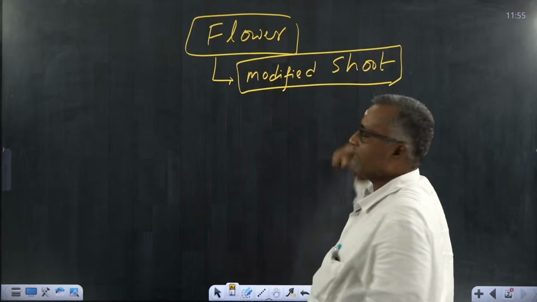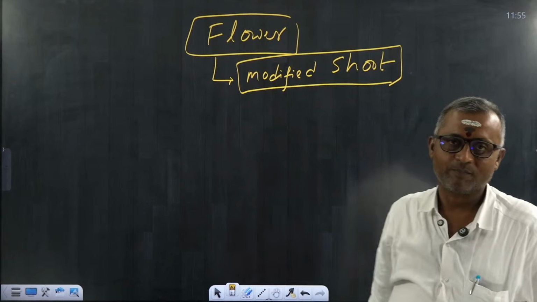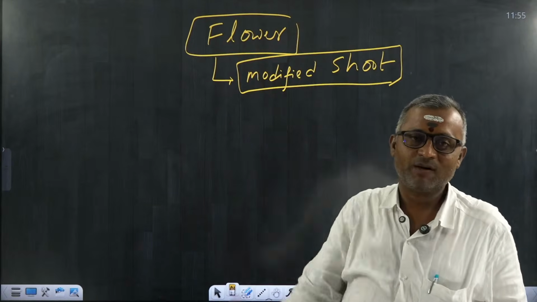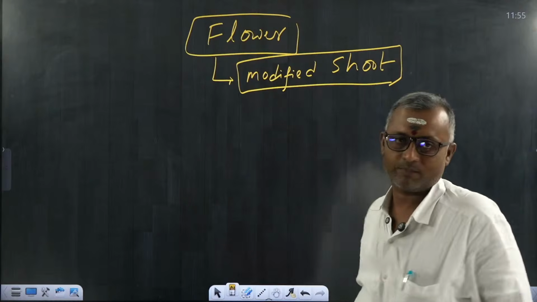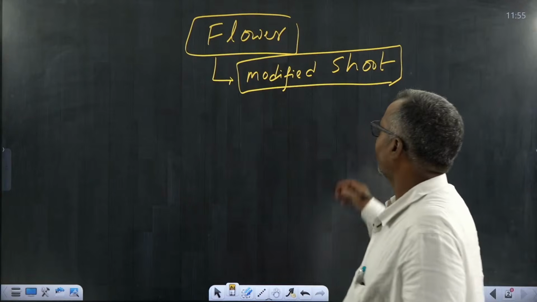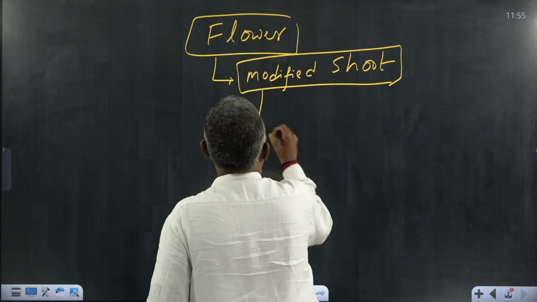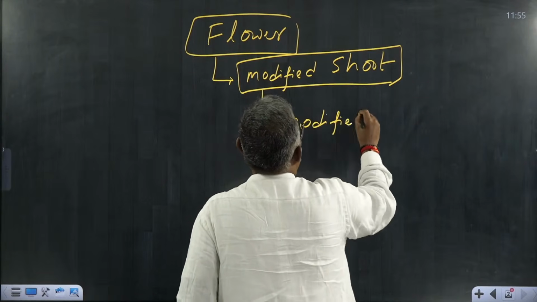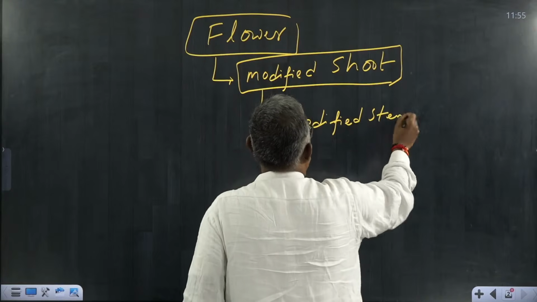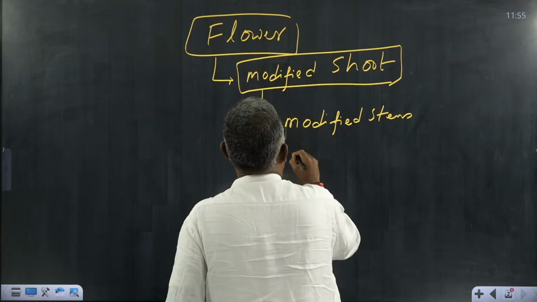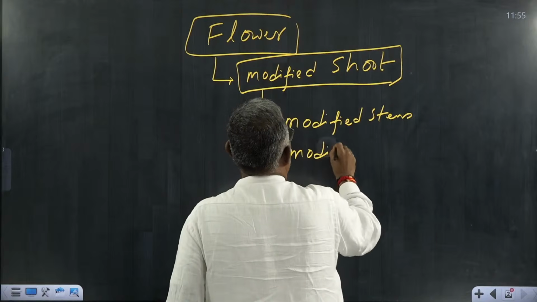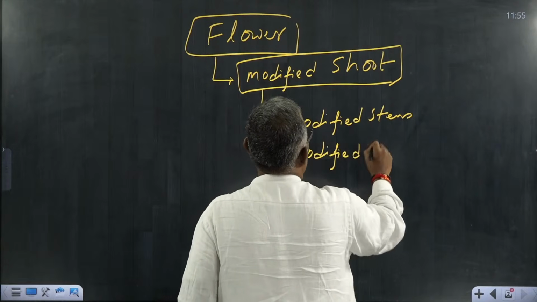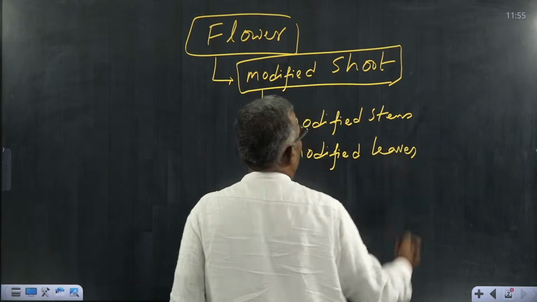It is not a modified stem. Remember, it is not just a modified stem. It is a modified shoot. Why? Because it comprises a modified stem and also modified leaves. Both are present here.